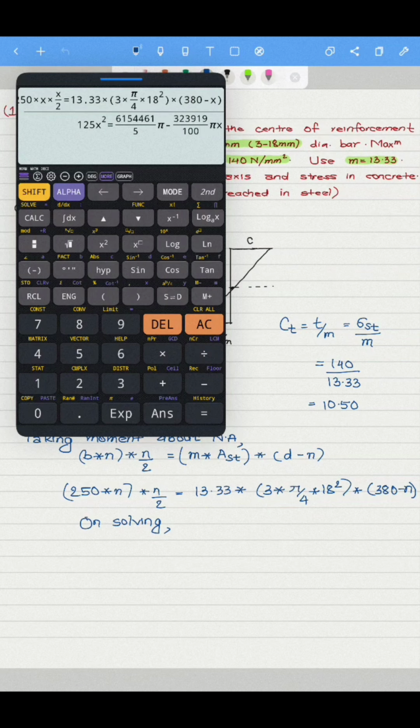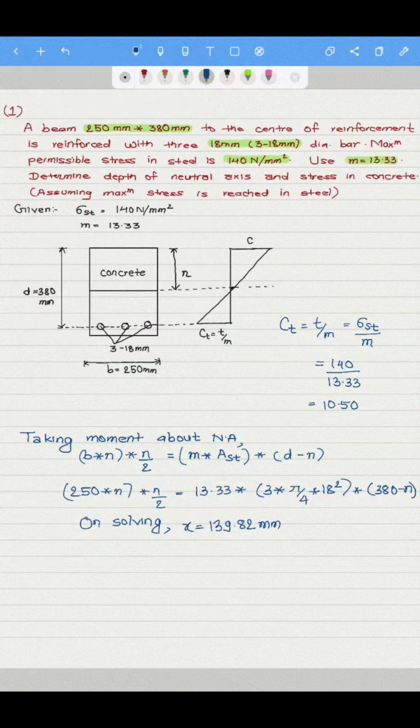On solving this, we are provided with the value x equal to 139.82 mm.